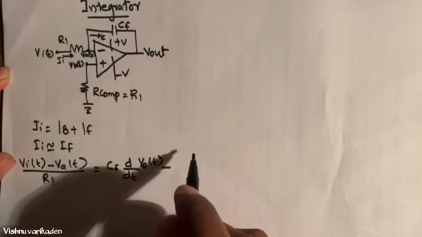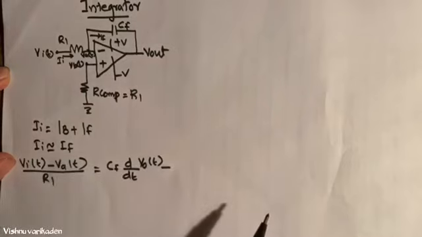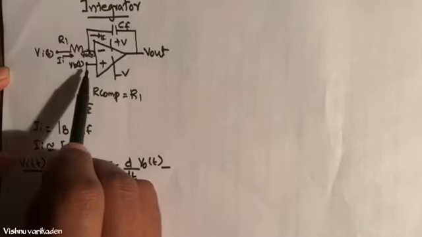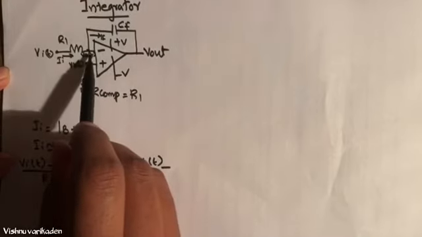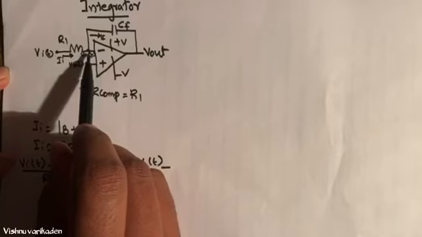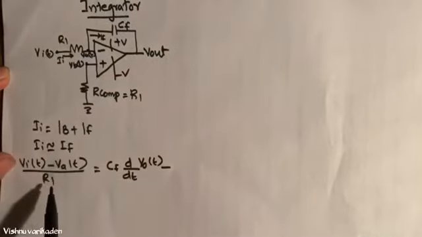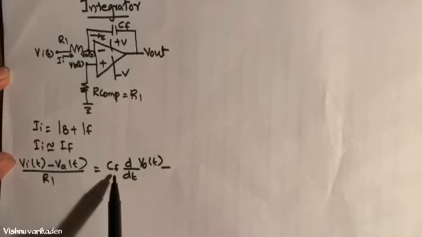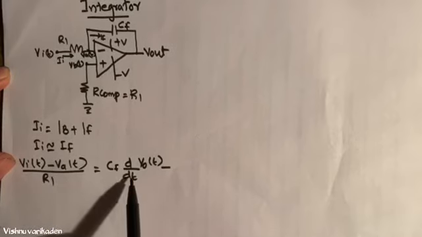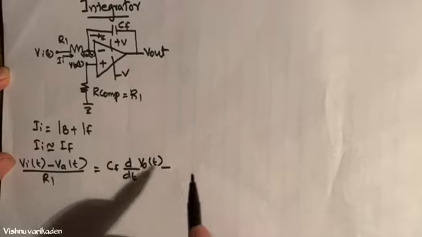We can predict with the Thevenin concept that whenever Vb of t is connected to 0, no current is coming. So whenever Vb of t is equal to 0, the equation becomes Vi of t by R1 equal to Cf of d by dt of V0 of t only.